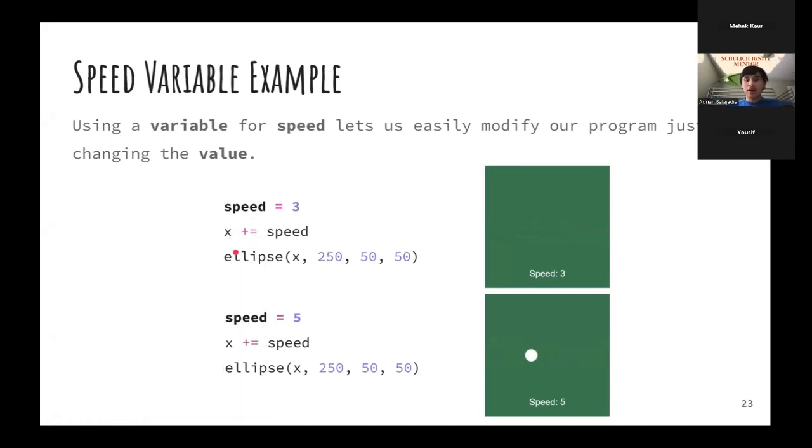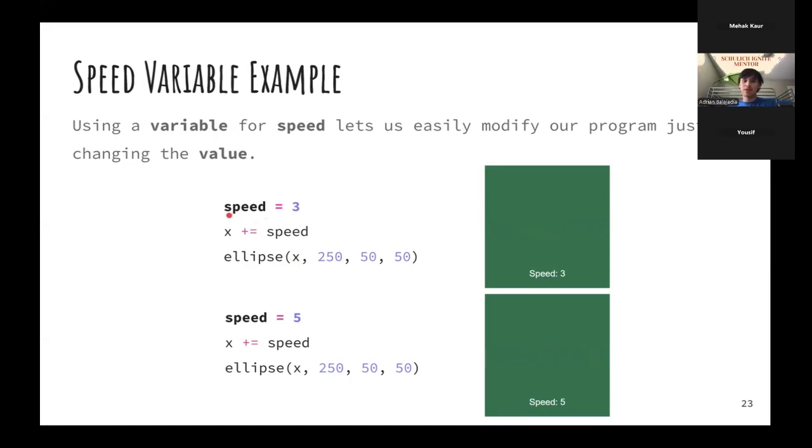Say that we have the circle, ellipse, right? And we know that ellipse is defined using the x component, the y component, and these two parameters here are just the size. If we want to move it from the left to the right, all we have to do is adjust the x value, and in this case, we could modify it by a speed.